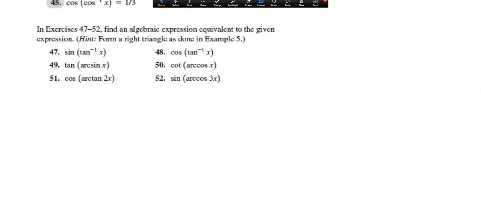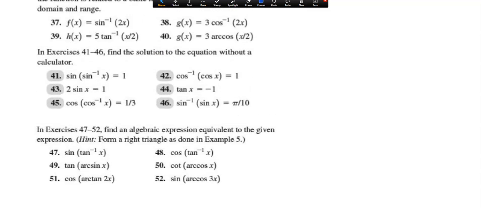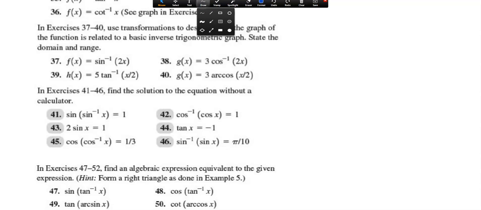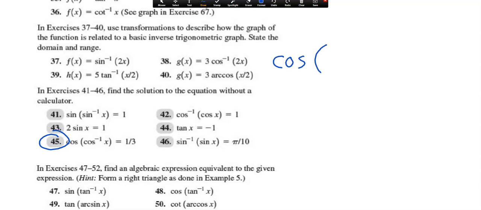45. Okay, question 45. Find a solution to the equation without a calculator: cosine of cosine inverse of x equals 1/3.